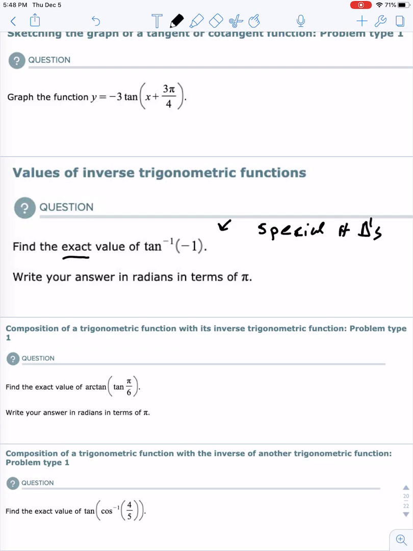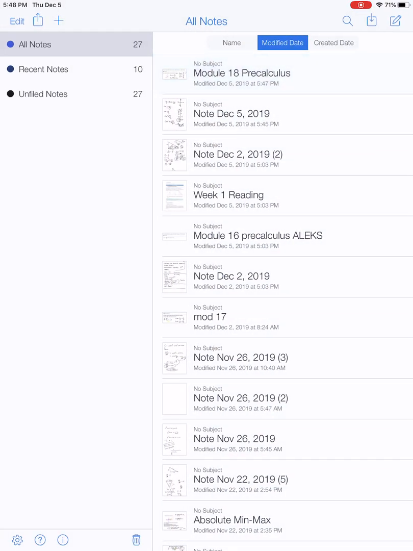All right, so our special right triangles are 30, 60, 90, and 45, 45, 90. Actually, I'm going to do this a different way, because I hate just saying here they are. I'm going to show you where they come from. Let's start with an equilateral triangle with sides of 2.